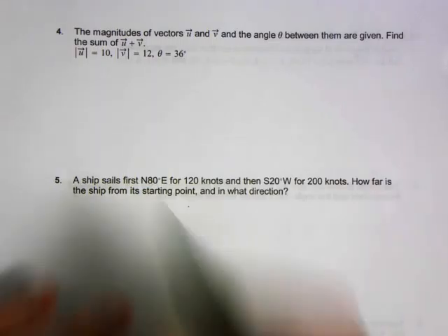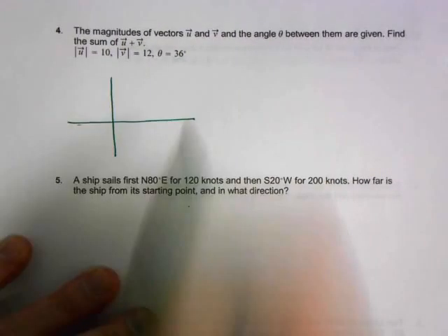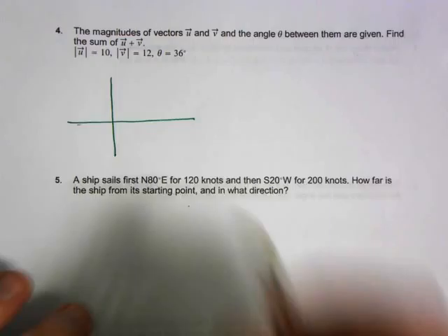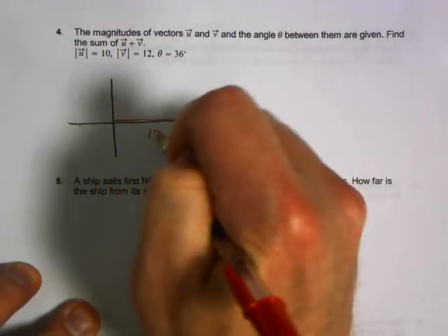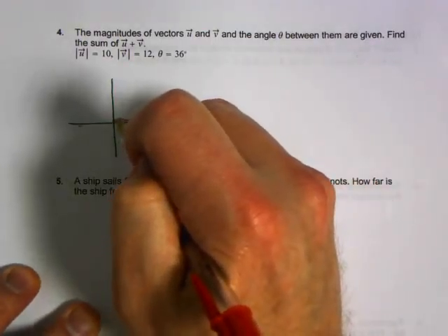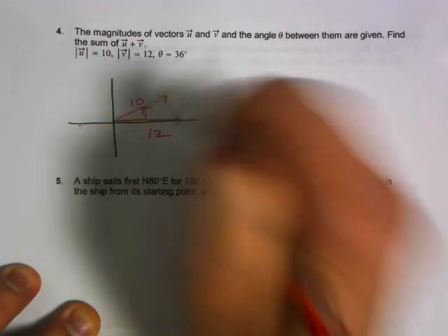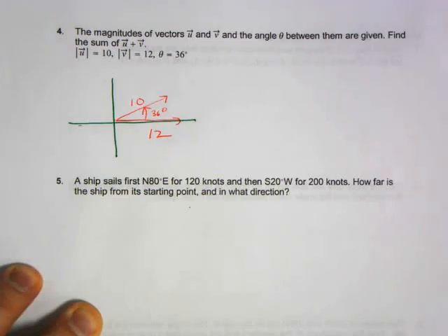Again, I think it would be helpful to draw a picture. How would you draw your picture? Put 12 on the x-axis. Put one of them on the x-axis. It doesn't really matter which one. So you want 12 here. And then 10 would be in that direction. And the angle is 36 degrees.